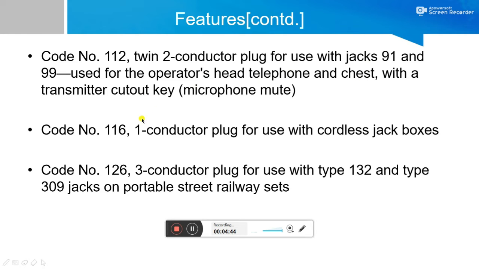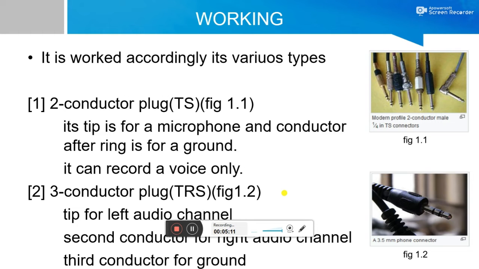Code number 116 is a plug used with cordless jack boxes; code number 126 is used in jacks on portable street railway stations. So as we have seen, it is used according to its code number, and various code numbers have their own different uses and their own different pros and cons, so they are used for various things.